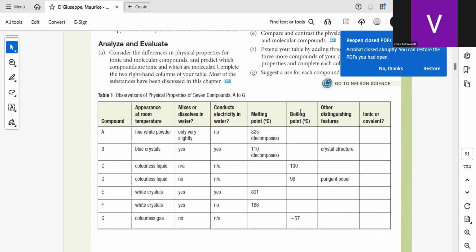But it is decomposing. Decomposing means the compound doesn't exist to become liquid. Just mention high. And if you don't know anything, just say NA.